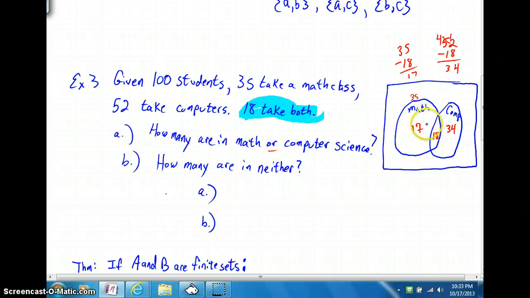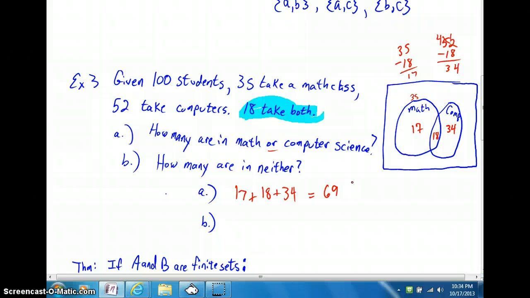Well, if you're in math or computer science, you'd be in math alone, perhaps taking math and computer science, plus those who are just taking the computers. So it's 17 plus 18. We know that's 35. 35 plus 34 is going to be 69. So there are 69 students enrolled in math or computers.